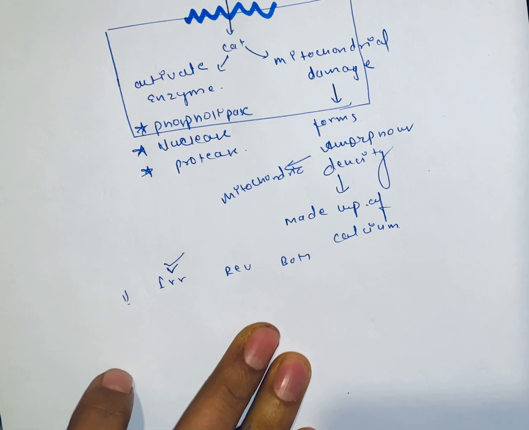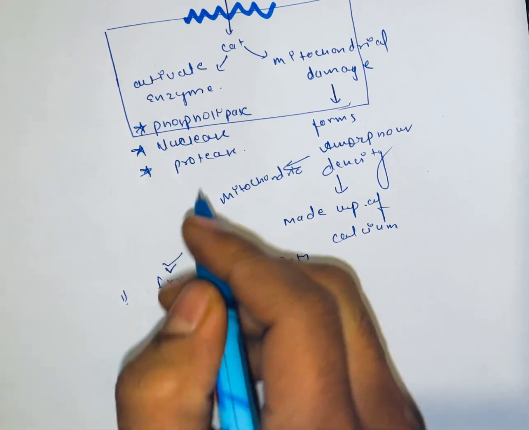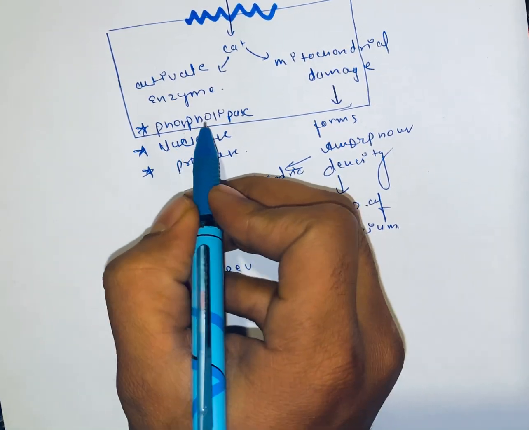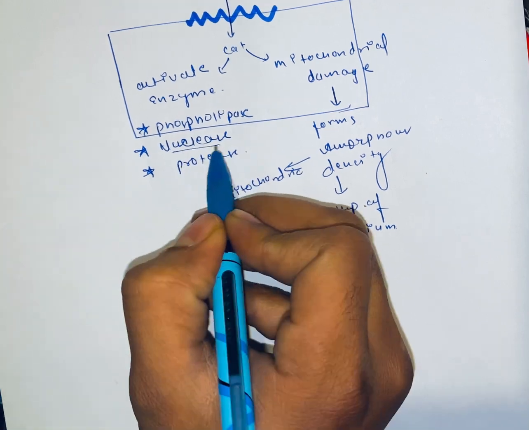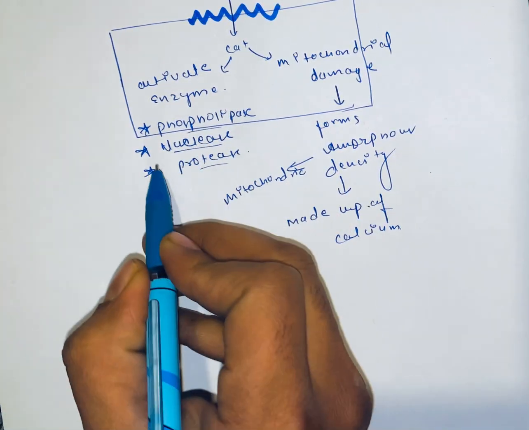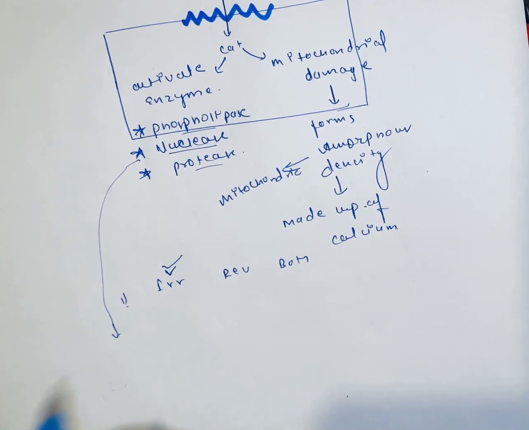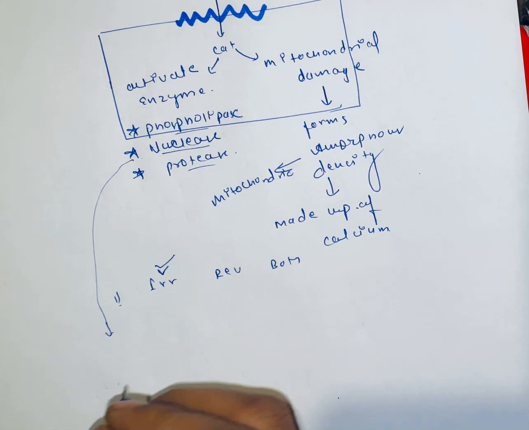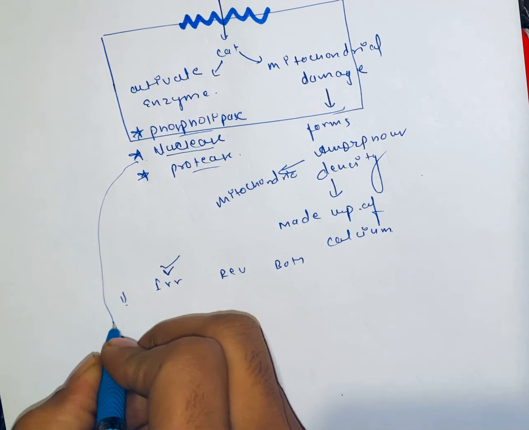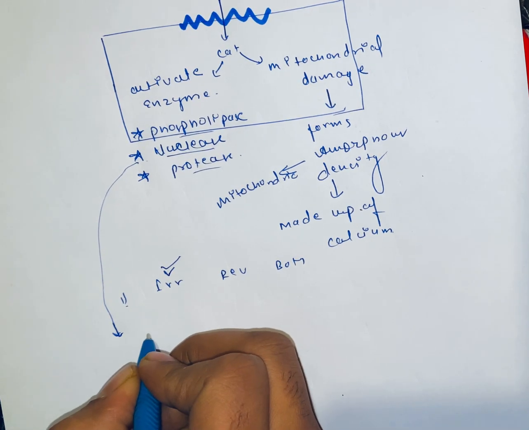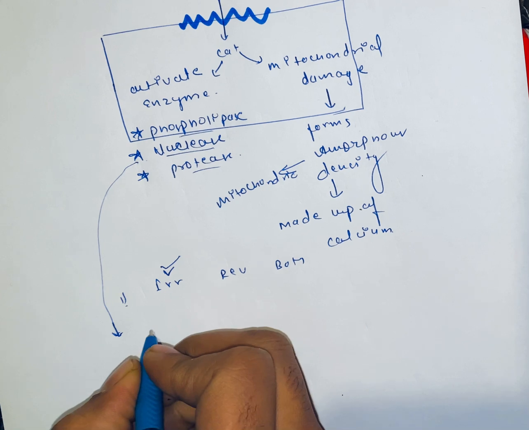Why does calcium activate nucleases, phospholipases and proteases? Because to destroy the nucleus, the nuclease enzymes help, and it occurs in 3 steps, and the sequence is very important.